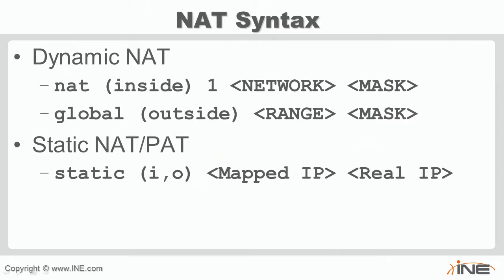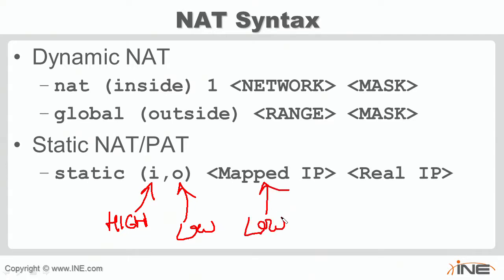And the logic that you want to remember for this is that it is high to low, low to high, where we are saying that as traffic comes in the high security interface, which is our inside in this case, as it moves to the low security interface, this is what we are changing it to. So this is the address that exists on the low security interface, if it came from this address, which originally would be on the high security interface.